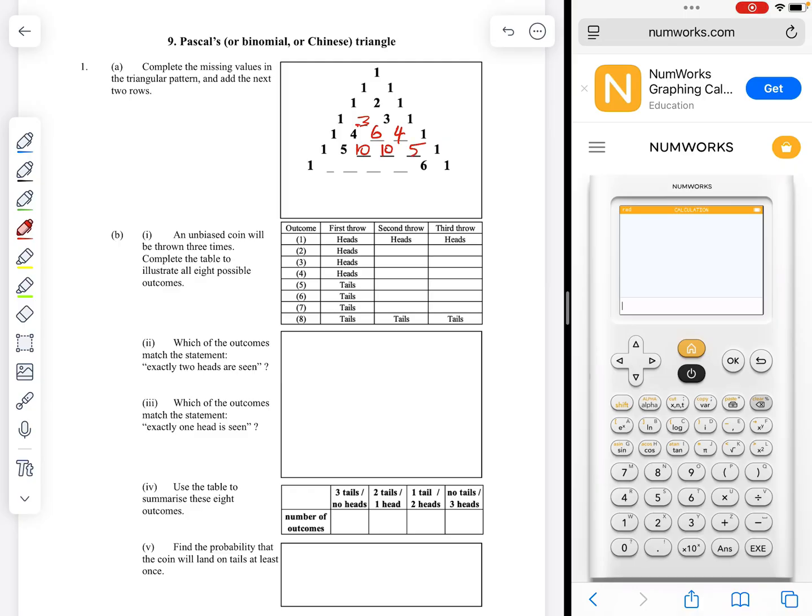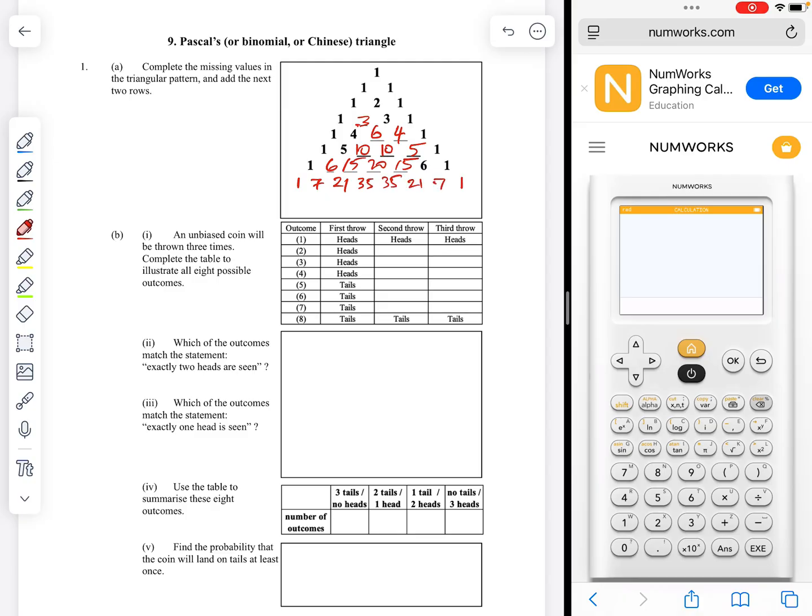Starting on the left, the 1 and the 5 give 6, 5 and 10, 15, 20, 15. And obviously we're noting a line of symmetry coming down through the middle. It wants the next two rows, so we start with a 1 on either end. 1 and 6 is 7, 6 and 15, 21, 35, symmetry.